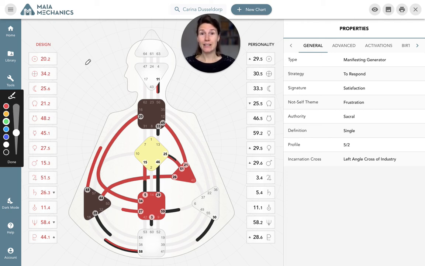Because in the end, if you live your design, if you live your strategy and your authority, which are the main parts, so for me, when I respond to life and make decisions from my sacral, my incarnation cross, my destination, will happen.